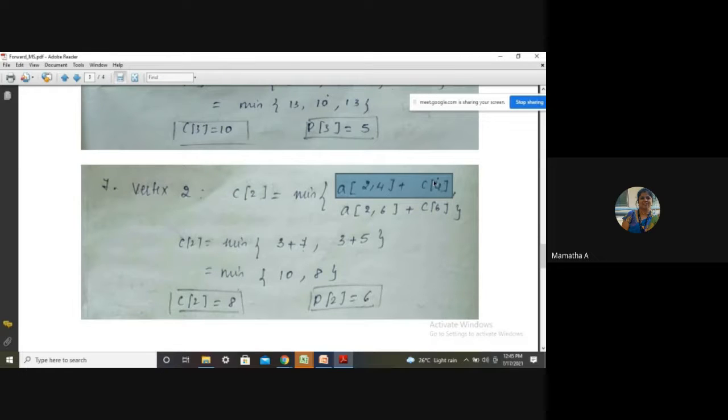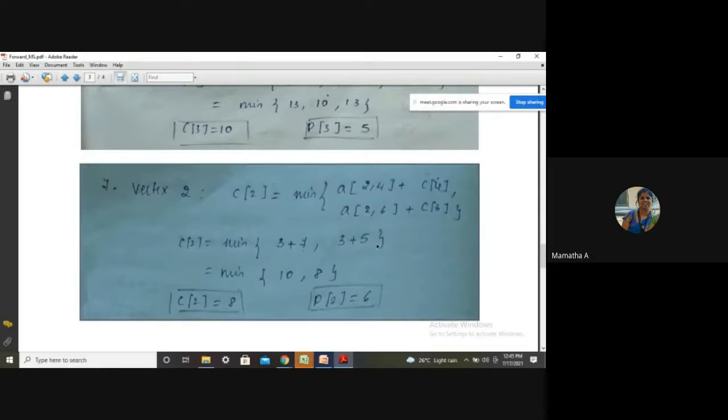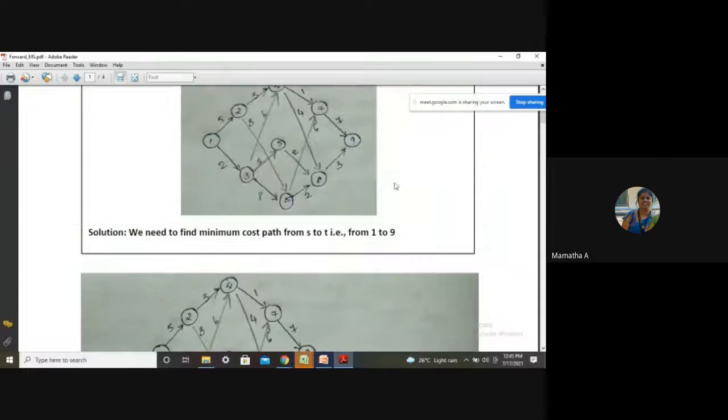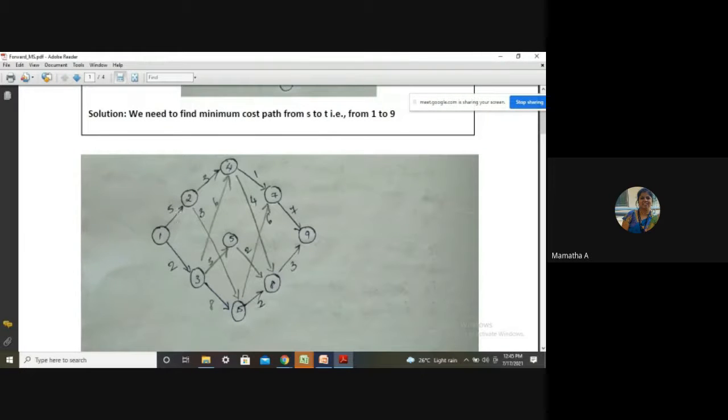Okay. So again, you will find the minimum. You can see 10 comma 8 you get. The minimum is 8. Update C of 2 equals 8, where the vertex is 6. So P of 2 equals 6. Alright. Similarly, the last one is vertex 1. You can see you have two edges, 2 and 3, with edge weights 5 and 2.